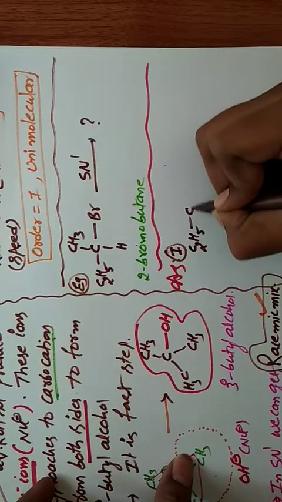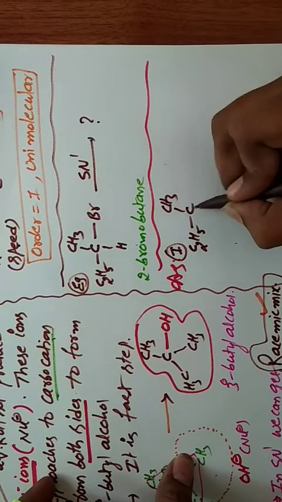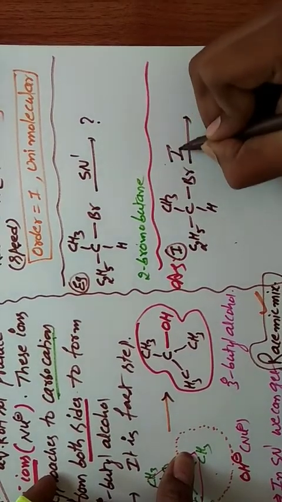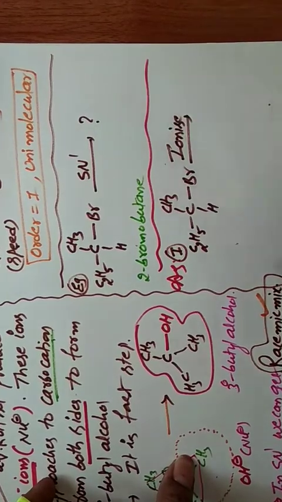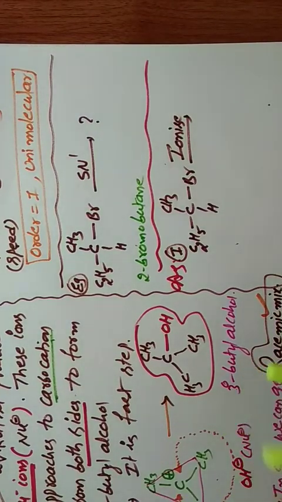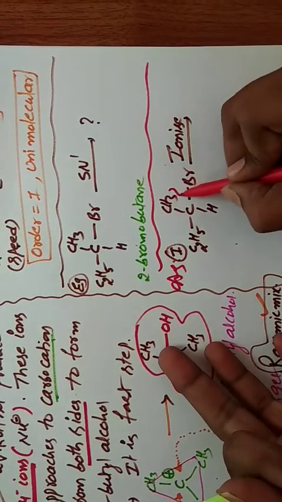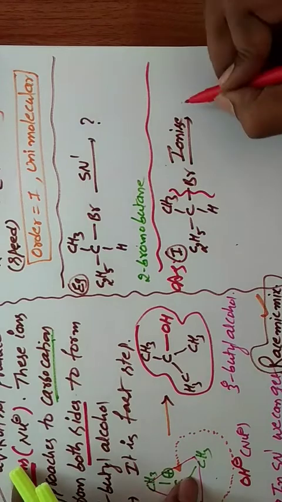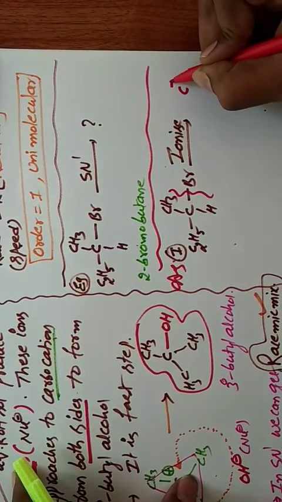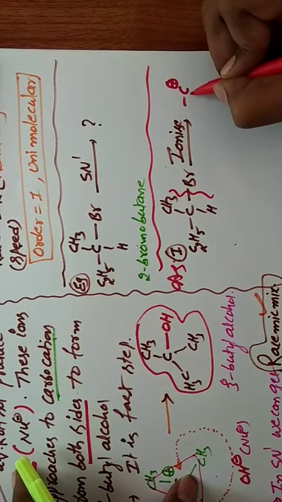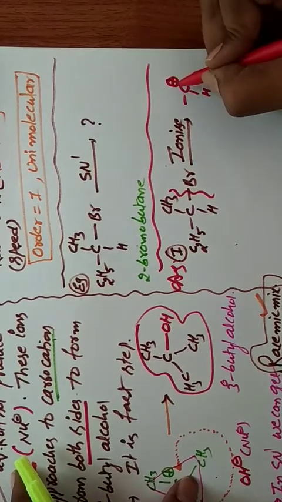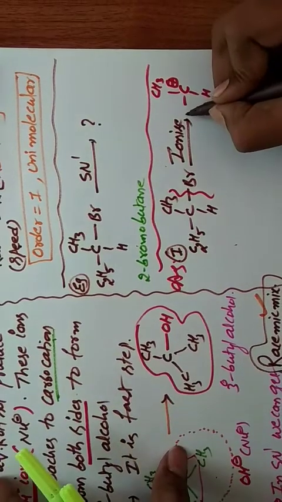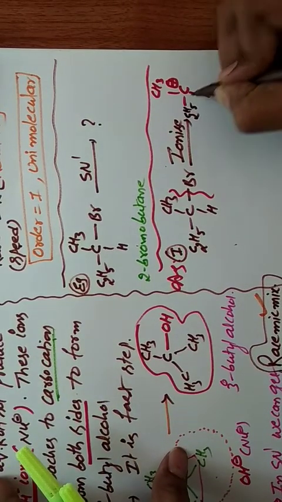What do we get? Here the bond will be broken, so we get a carbocation, C plus, here hydrogen, here CH3, here C2H5. Next we also get Br minus. This is the first step.